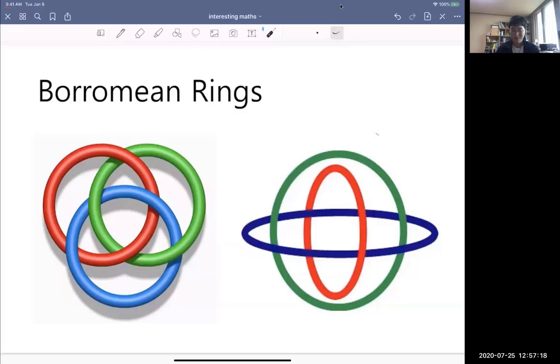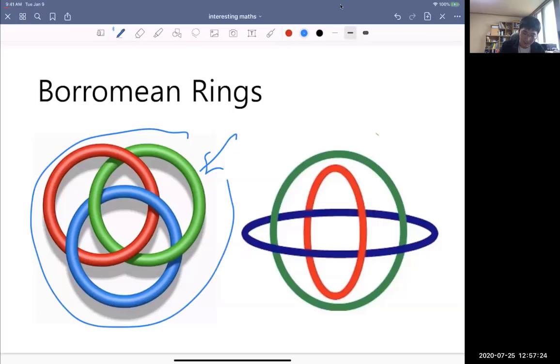But what I want to show is that this diagram cannot happen in real life. So what does this mean? They are depicted as circles, but I want to assert that you cannot actually find three circles in space which have this property exactly.